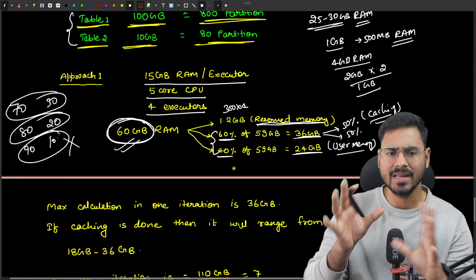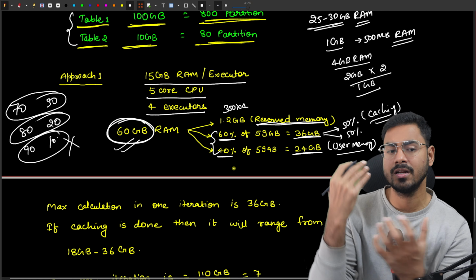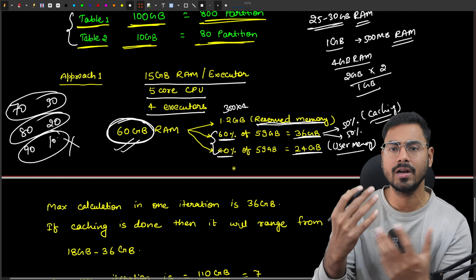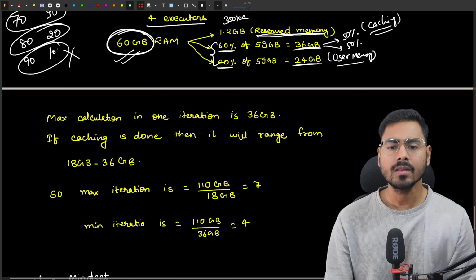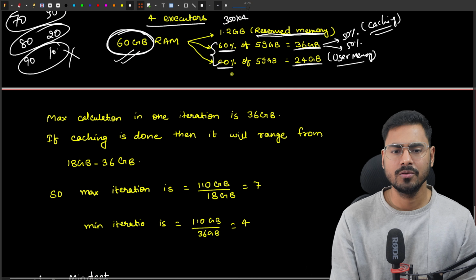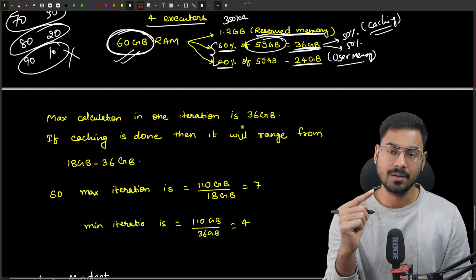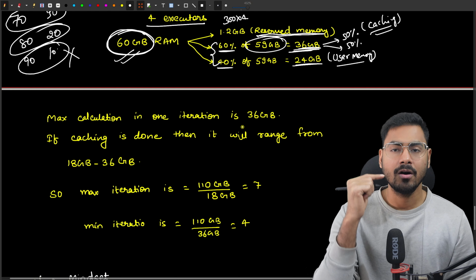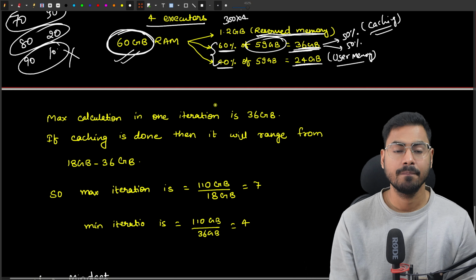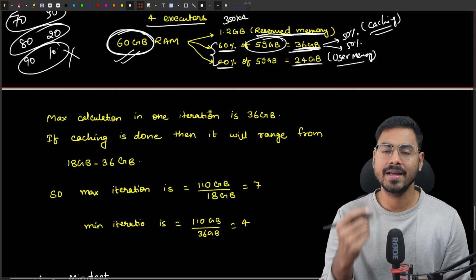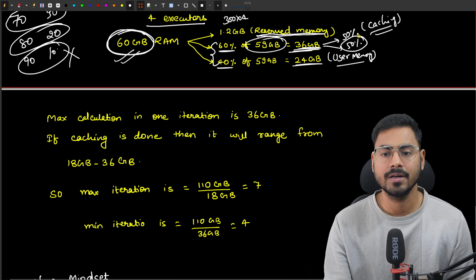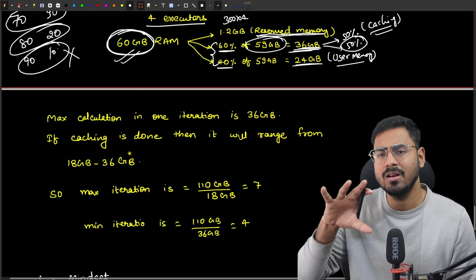So there is a good thinking going on behind this. I'm not giving them the number, I'm giving them the approach, that this is what I'm thinking currently, right? Okay, now if I use this one, 60% of that comes to 36 GB. So 36 GB is the maximum amount of memory that I can get, but the minimum amount of memory I can get is 50% of it, that is 18 GB, because 18 GB will be going for caching.